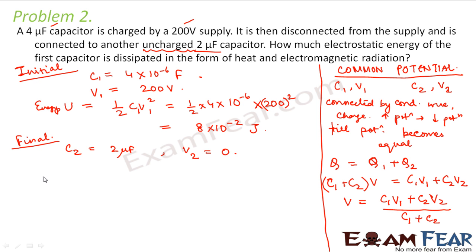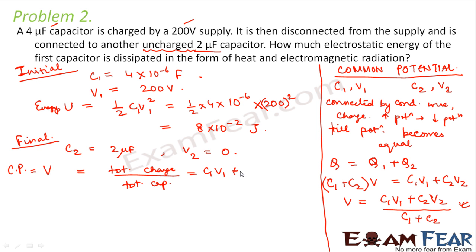So therefore, what would be the value of that common potential? So the common potential, that let me call V, will be equal to the total charge divided by the total capacitance, as we saw in this expression, that is C1 V1 plus C2 V2 divided by C1 plus C2. This would be the common potential.